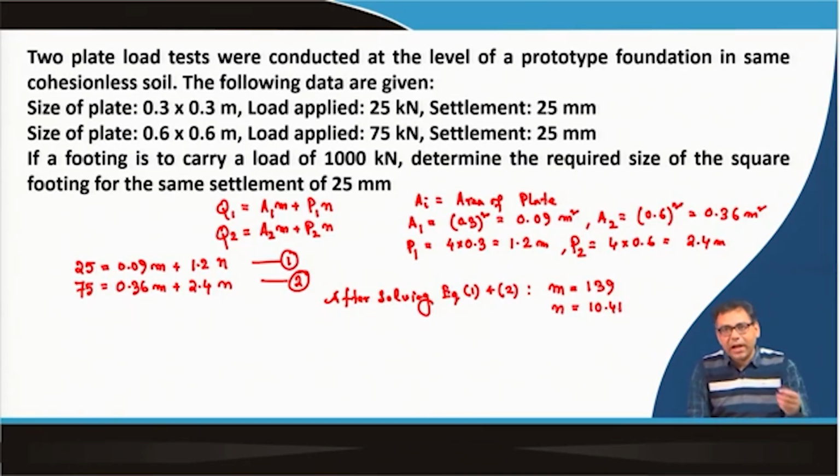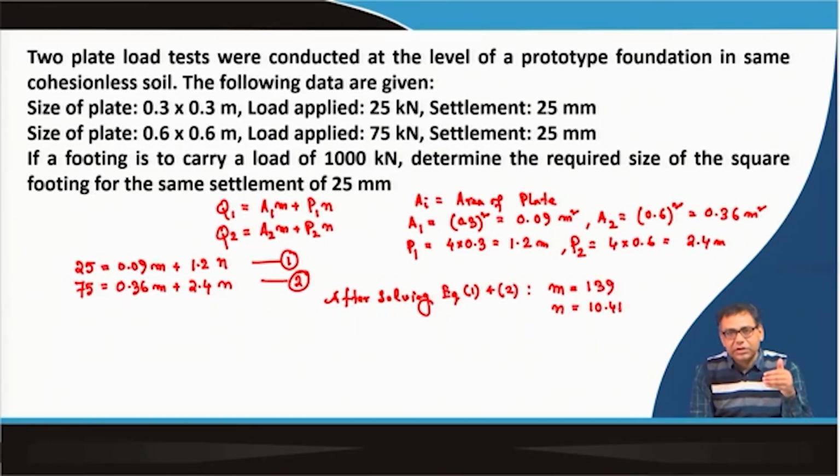Okay, suppose you have data of, say, 3 plate load tests, then you will get 3 equations, equation 1, 2 and 3, but your unknowns are 2, m and n. So, in such a case you have to take the equations pairwise. For example, you solve equations 1 and 2, then you will get one m and n value.